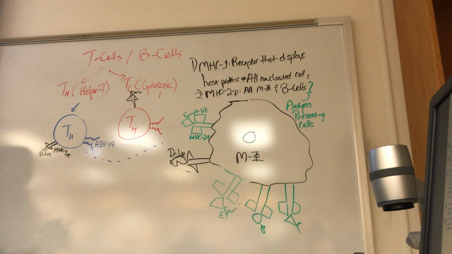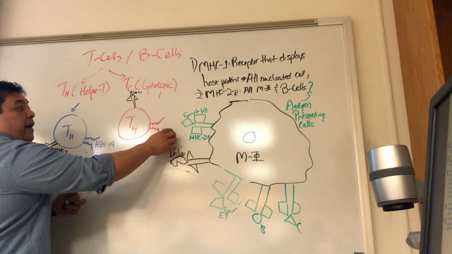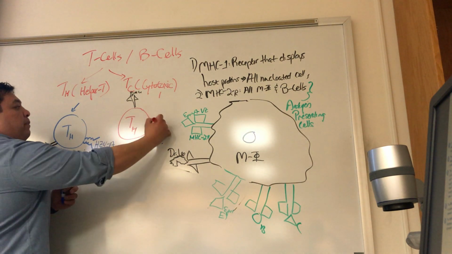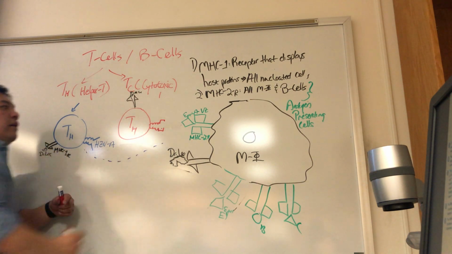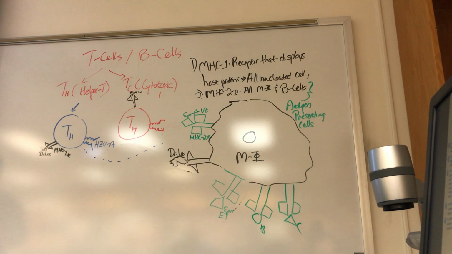If this helper T cell, instead of having something that recognizes it, has a receptor that kind of looks like this, what happens? Well, the T cell receptor's shape doesn't match the shape that's displayed to it. When that happens, there's no activation.